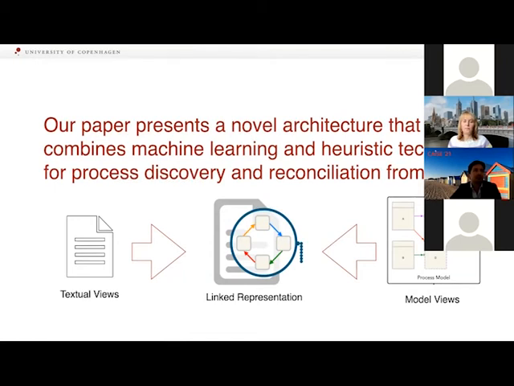Some of those artifacts are process representations, the graphical representations, and some others are textual. They work for different purposes. Navigating and optimizing become easier in model views, but reasoning is sometimes easier in textual views.